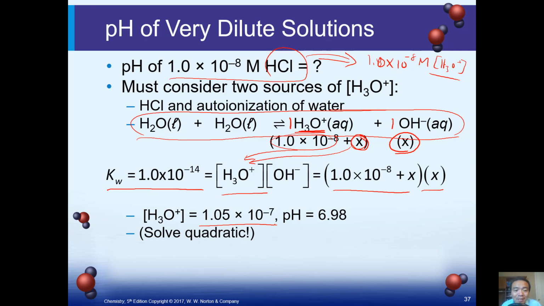Okay, do remember, this hydronium concentration is the total of the contribution from both the HCl and the water autoionization. That's how you get that. Okay, you calculate X, then X plus 1.0 times 10 raised to negative 8. You get 1.05 times 10 raised to negative 7. Then you calculate the pH. It gives you 6.98, which is very close to neutral pH 7 because the acid is very diluted.